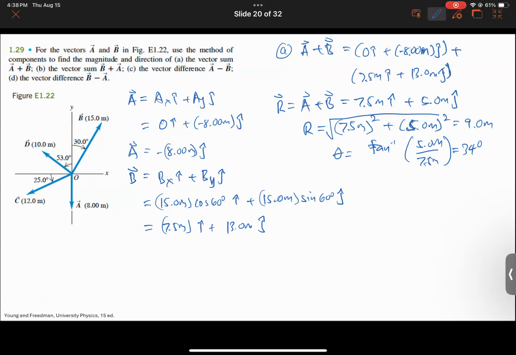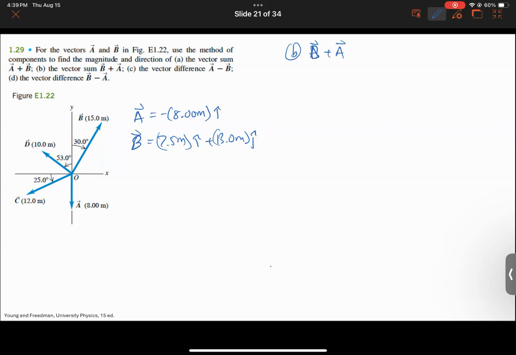Now let's go to letter B. Let's solve for the vector sum of B plus A using component methods or using unit vector methods. So let R be equal to B plus A. So B plus A is 7.5 meters I hat plus 13.0 meters J hat plus negative 8.00 meters I hat.